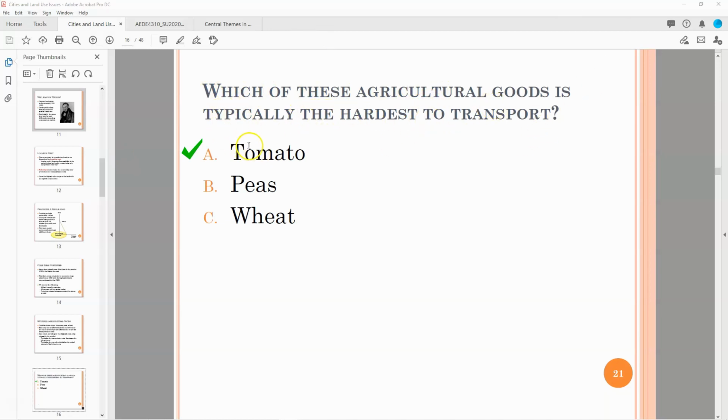The first one is tomato, second peas, and third wheat. The correct answer is tomato. Compared to peas and wheat, tomato is the hardest to transport because it is much larger than peas and wheat, and also it is easy to rot.